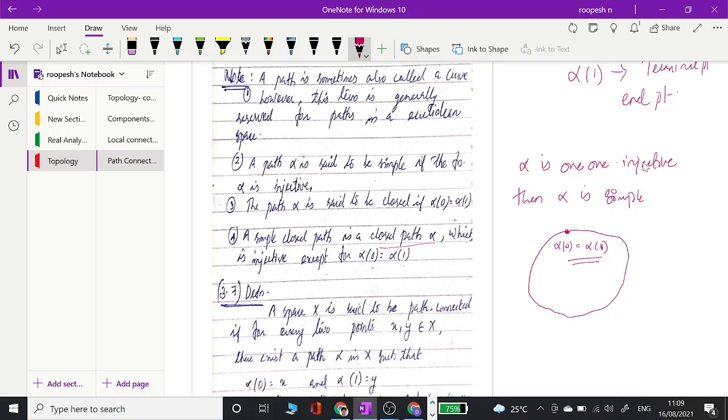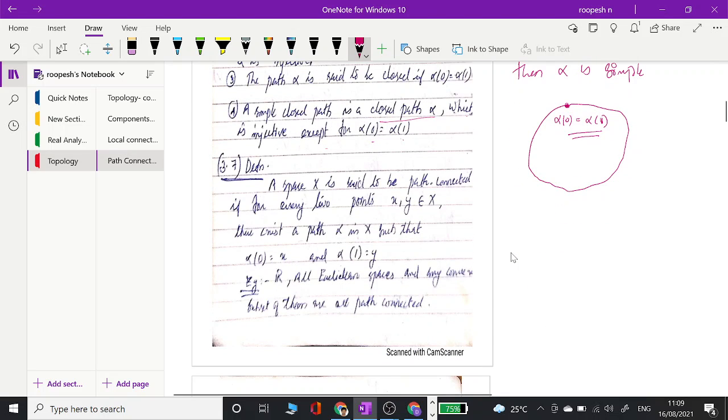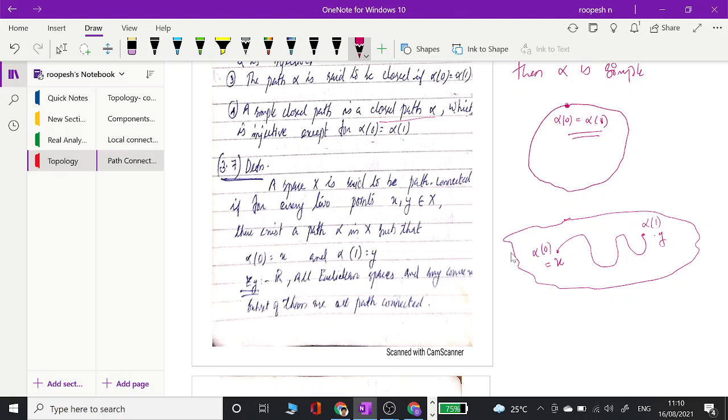Next definition: what is a path connected space? A space X is said to be path connected if for every two points x, y in X, there exists a path alpha in X such that, suppose you have a space here and some points in it. If we can find a path connecting these two, say this is x and this is y, then alpha of 0 should be equal to x and alpha of 1 should be equal to y.